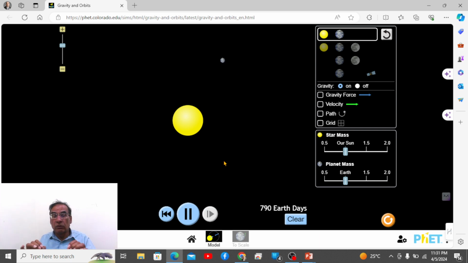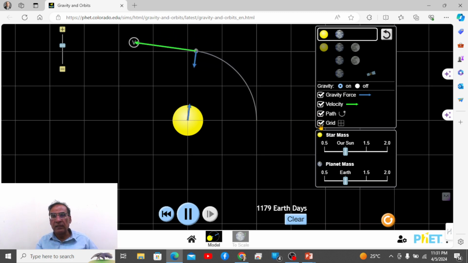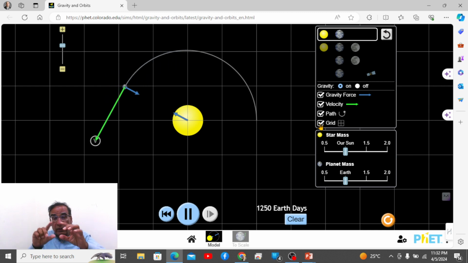Now you can see the earth is moving around the sun in its orbit, and if we show its gravitational force, we can also see its velocity, and we can see the path of its motion. Next we can also see the grid. So you can now see the motion of the earth.